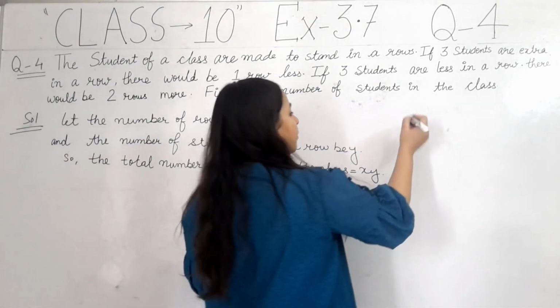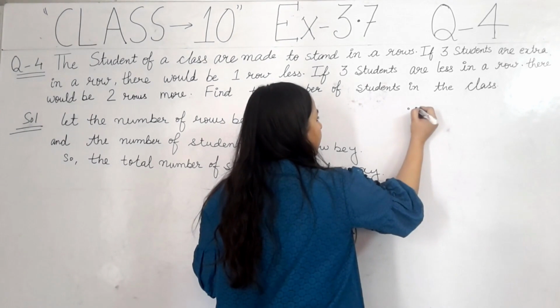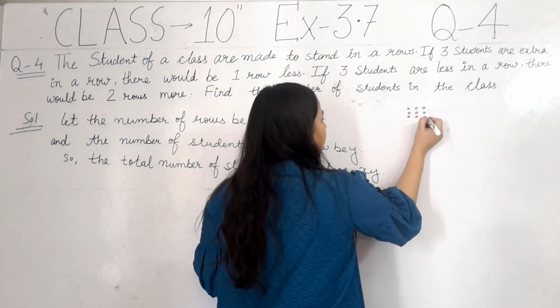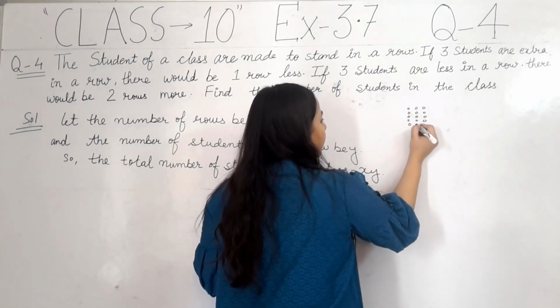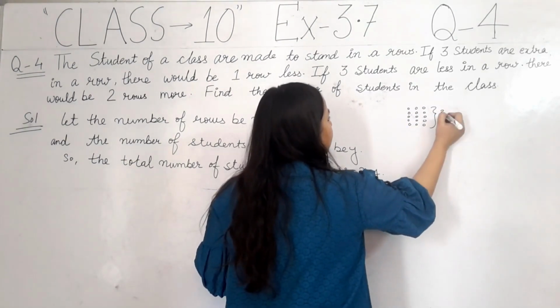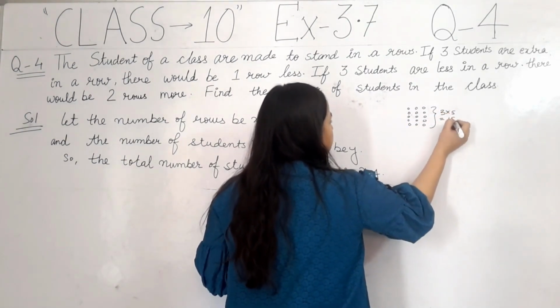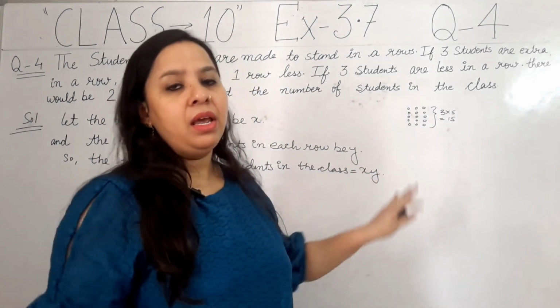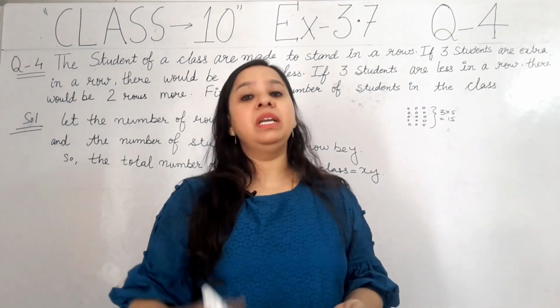Let us suppose we have 5 rows, okay, and the number of students in each row be 3. So इस तरह से अरेंज होंगे ये students हमारे. So the total number of students, how we can find? 3 into 5 से कर सकते हैं ना 15. Similarly we have done over here, the total number of students is x into y, number of rows and the number of students in each row.